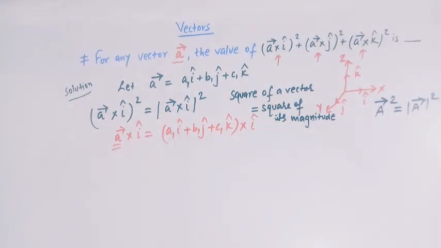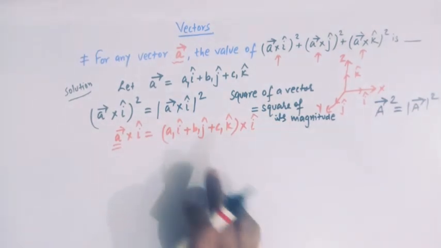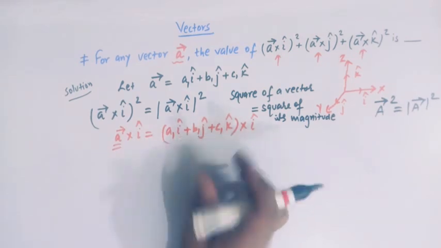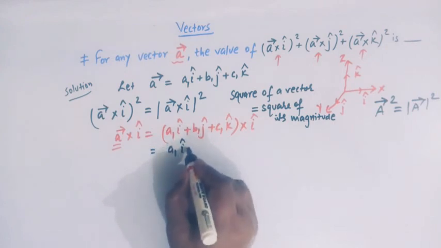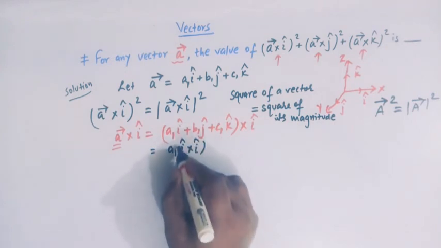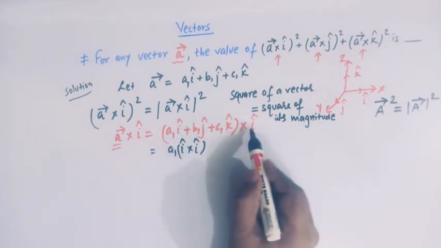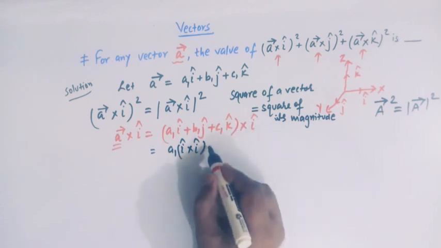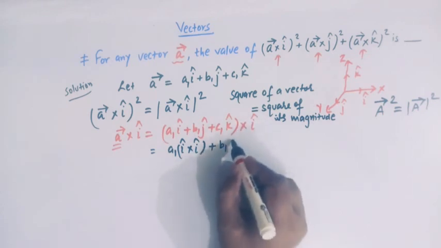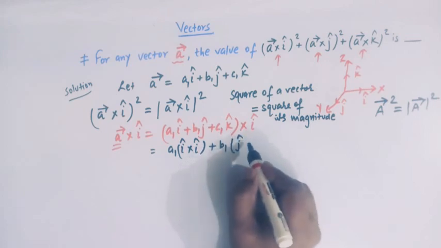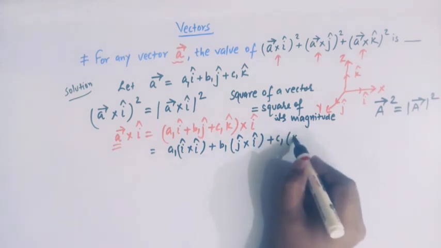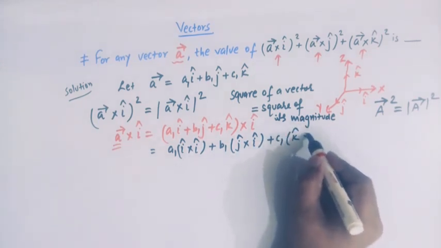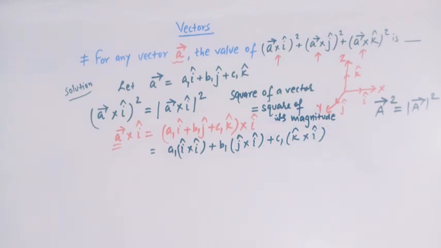Okay, so now let us take the cross product of these two vectors. So we have A1 and i cap cross i cap, because we have i cap here, and here also we have i cap, plus B1, and we have j cap cross i cap, and then we have C1 and k cap cross i cap, right?